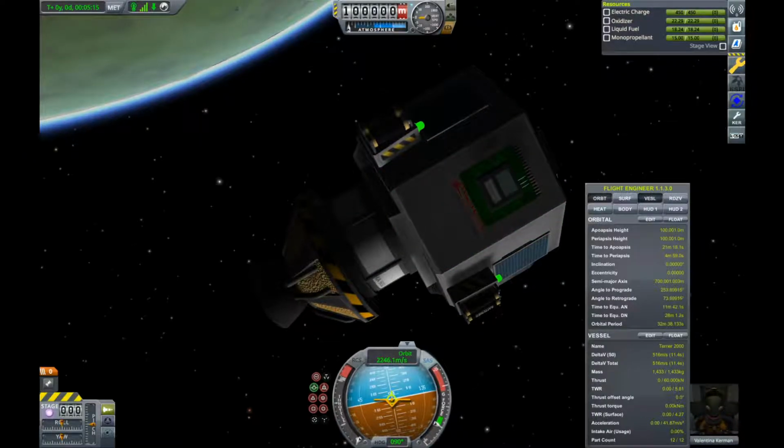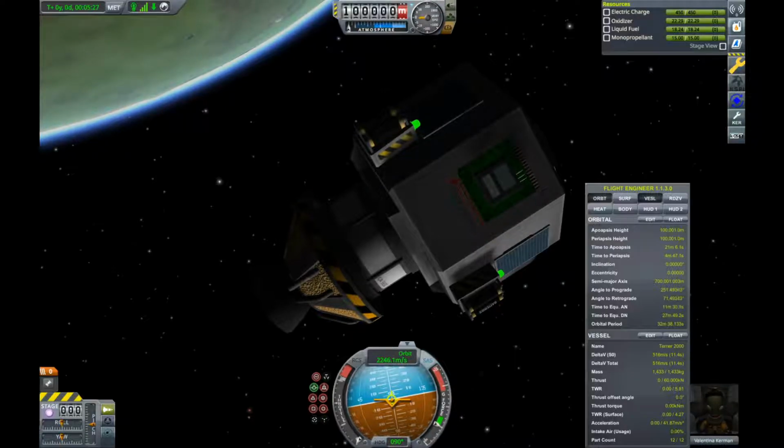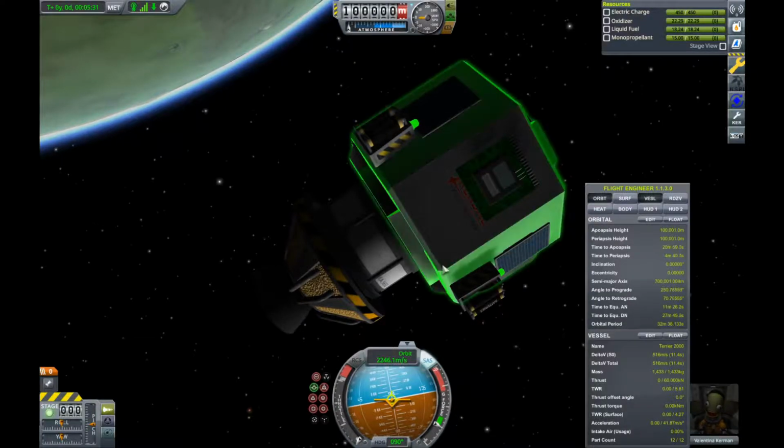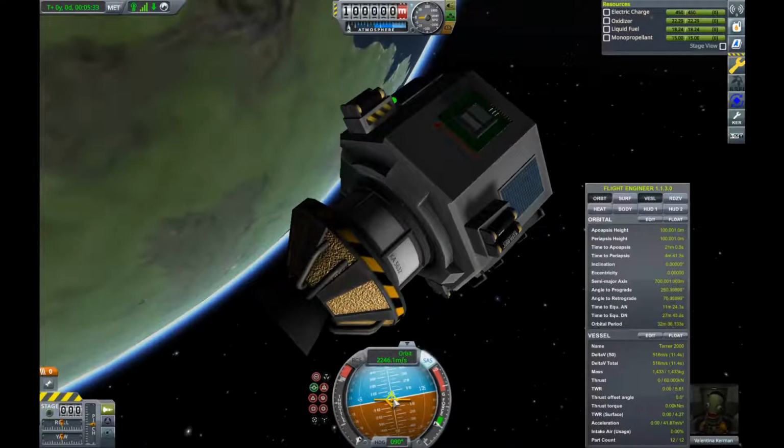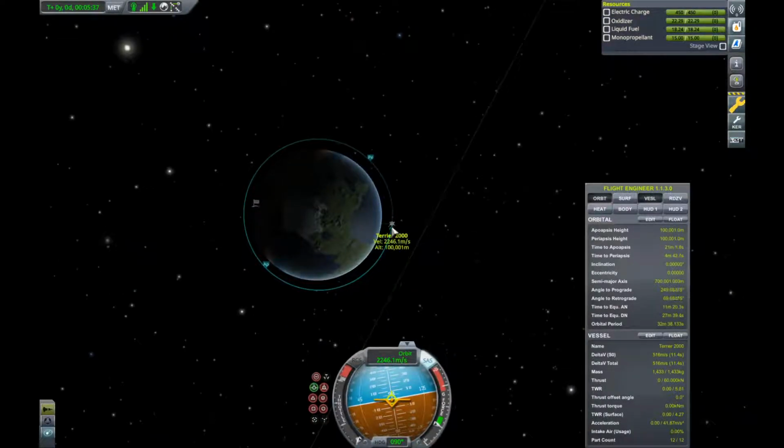So what we'll do is burn that liquid fuel and that oxidizer together and see what it actually does to our orbit, and of course our velocity. Right now I'm pointed prograde. Let's look at the map. We're in a perfectly circular orbit.